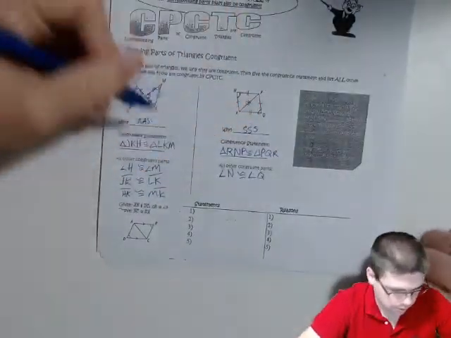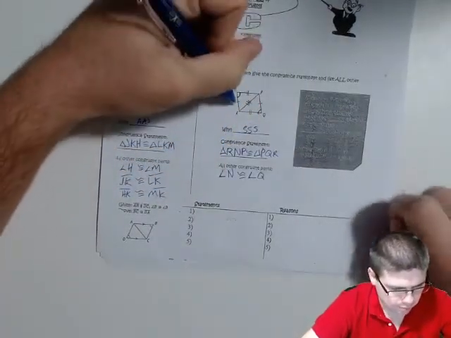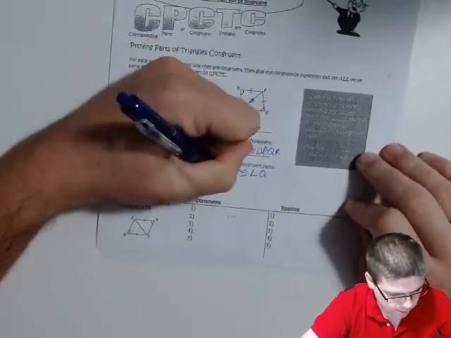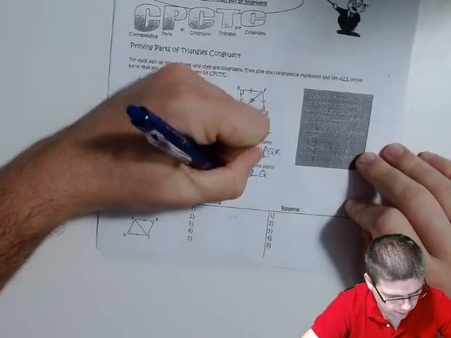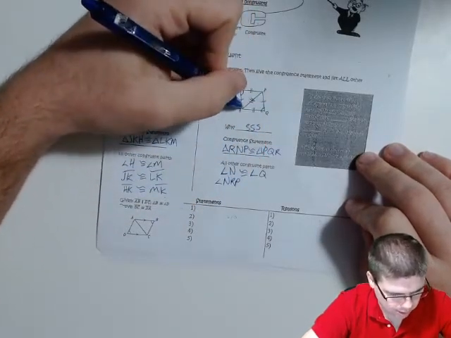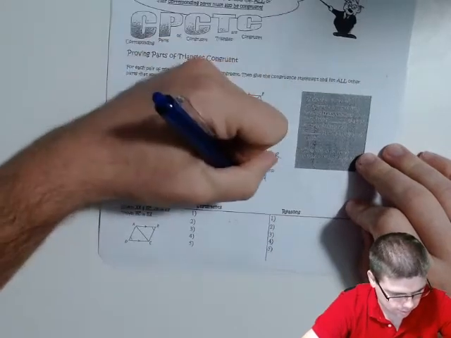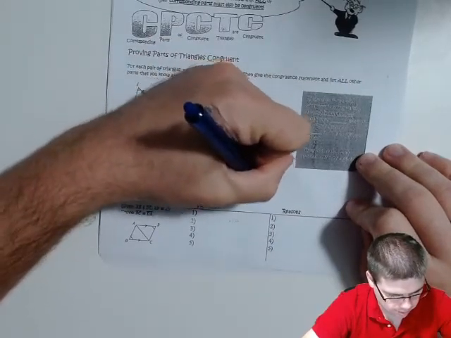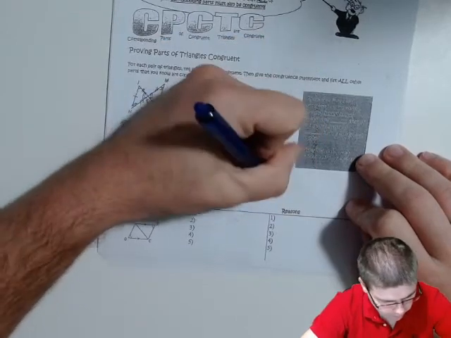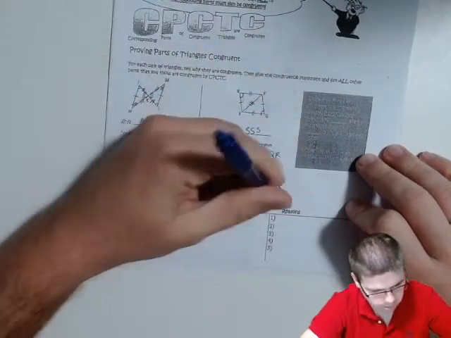These other two, I'm going to have to use three letters to label. Between the 1 and the 3 here, angle NRP is congruent to angle QPR.